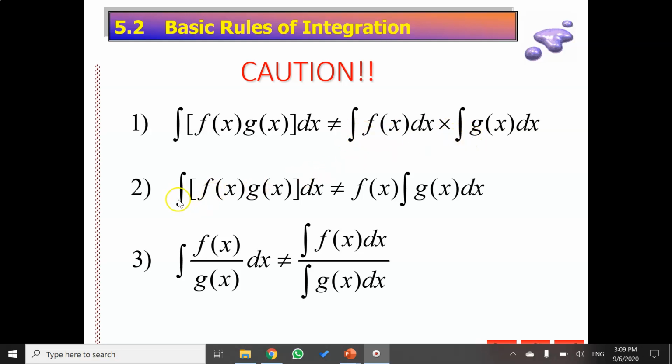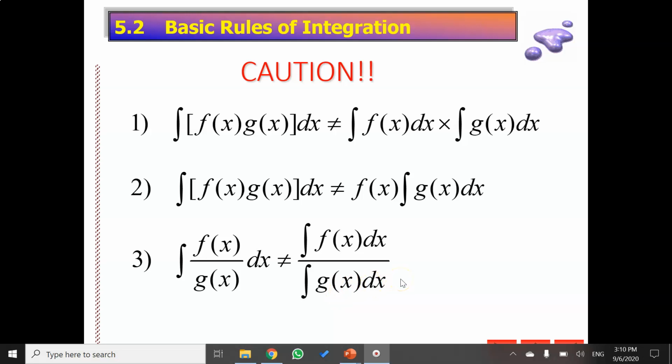Okay, the second one you have to be cautious about: the integration of f(x) g(x) dx is not equal to the function f(x) times the integration of g(x) dx. This is also wrong. You cannot do that. And number 3, the integration of f(x) divided by g(x) dx is not equal to the integration of f(x) dx divided by the integration of g(x) dx.